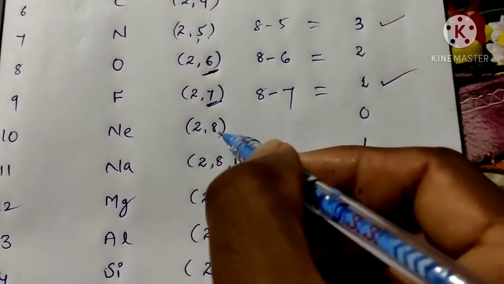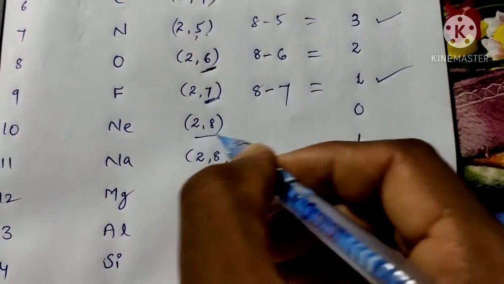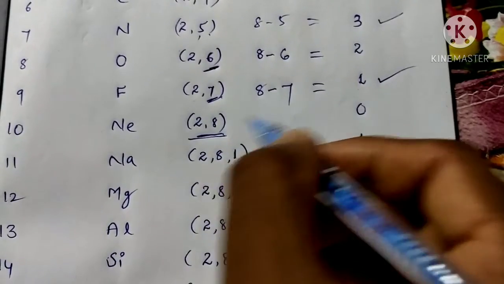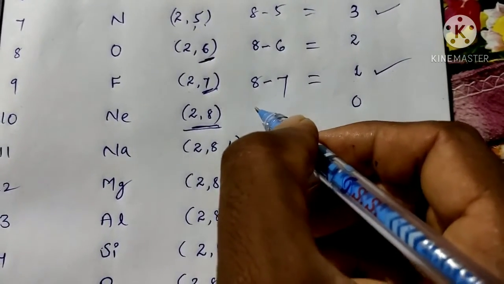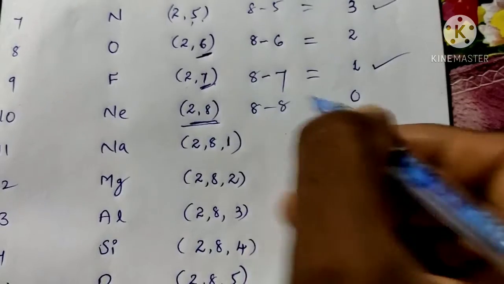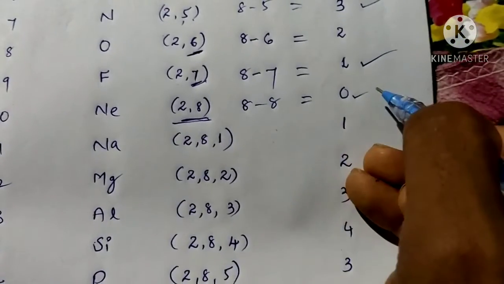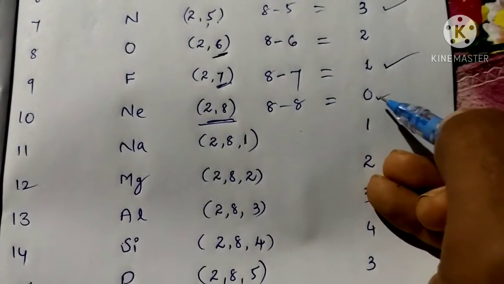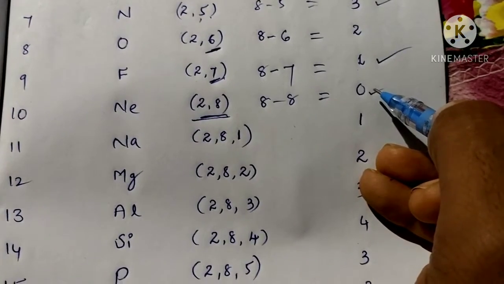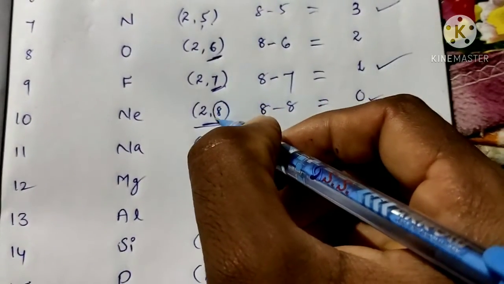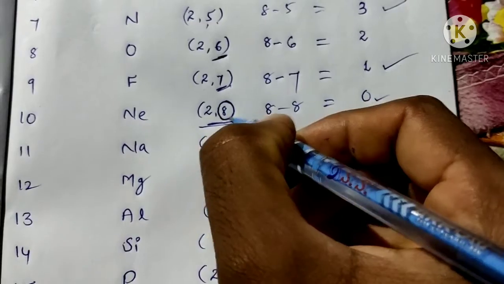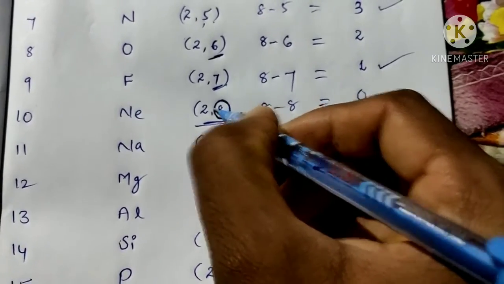Then the 10th one is neon, configuration is 2, 8, valence electrons 8, so 8 minus 8 we get 0. That is why neon has 0 valency, because the second shell is completely filled with 8 electrons, right?